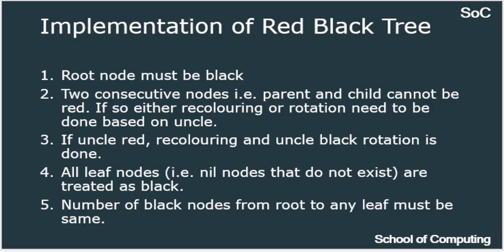So for a given sequence, how to construct a red-black tree was discussed in detail in one of our previous sessions. In continuation to that session, we try to understand the implementation of red-black tree in C language in today's session.